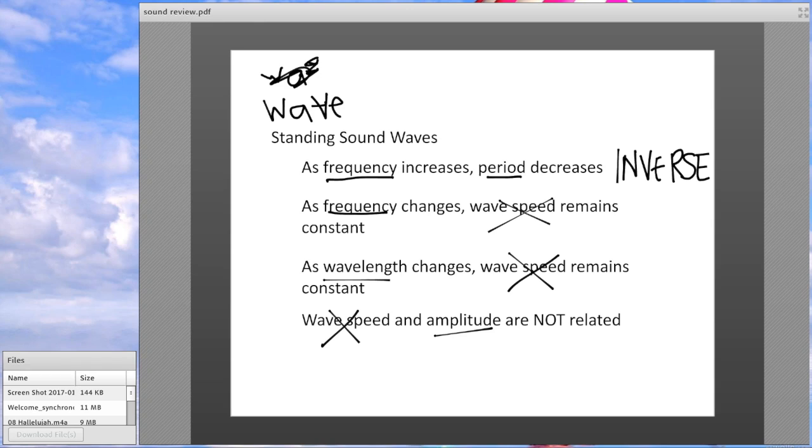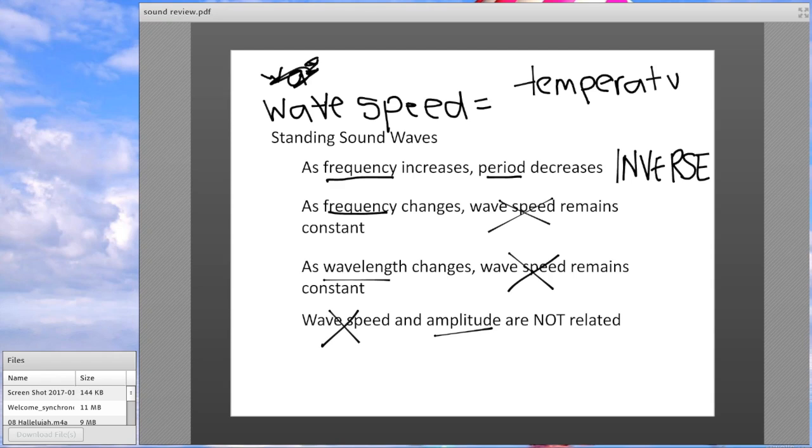The things that affect wave speed are temperature, and we did some math with it, right? Based on the temperature, your wave speed changes.